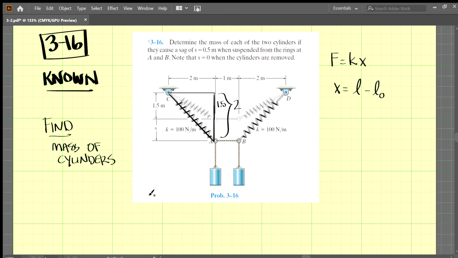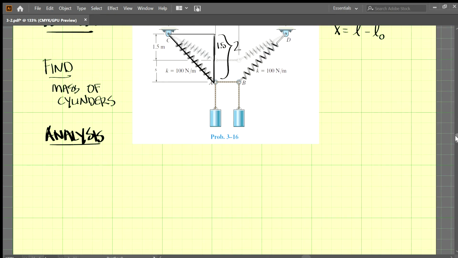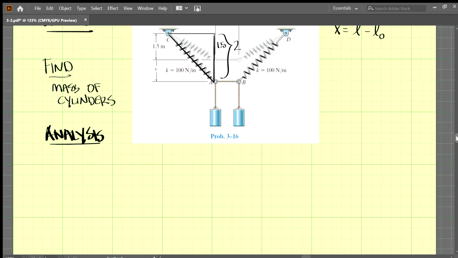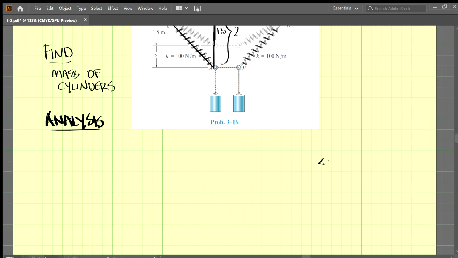Okay, so let's start our analysis by figuring out the original length and the final length.